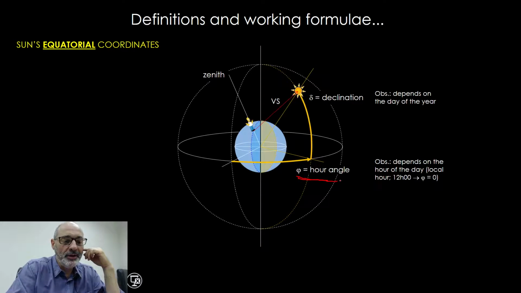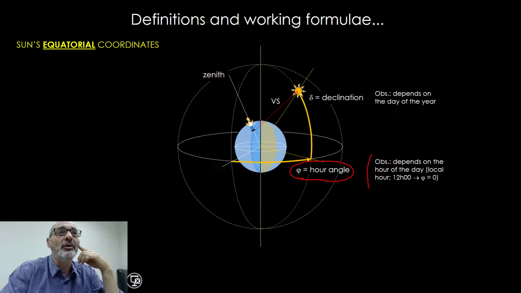The angle here is what we call hour angle, because it's also measured on the celestial equator, and instead of working with hours, 1 hour, 2 hours, we're going to work in terms of degrees.